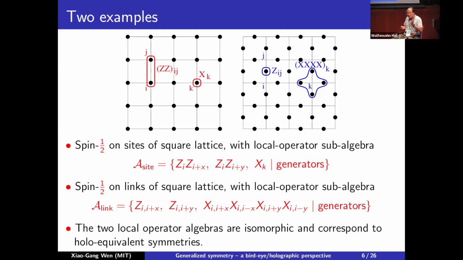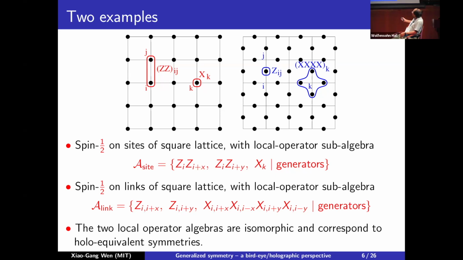The local operator subalgebra in the first model is generated by the neighboring ZZ operators on the sites, and also the single X operator on one site. This basically generates a kind of Ising model. This ZZ operator and X operator generate all the other allowed operator subalgebra.